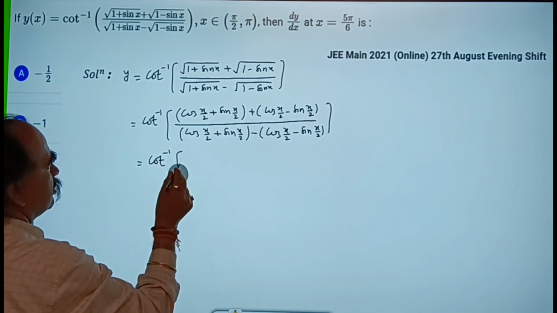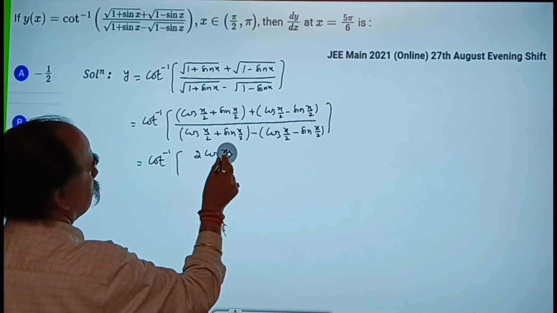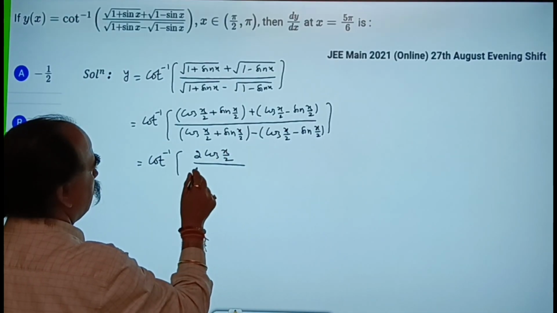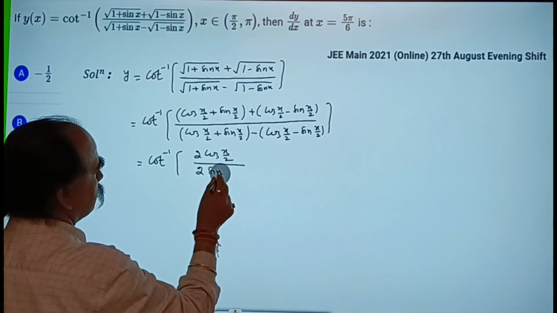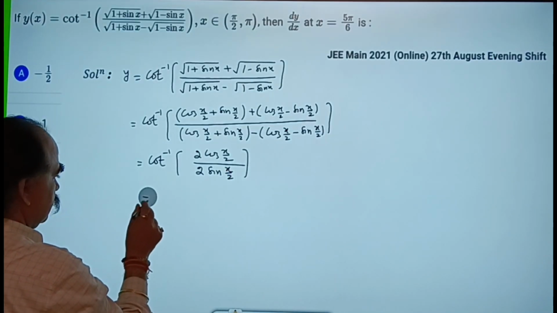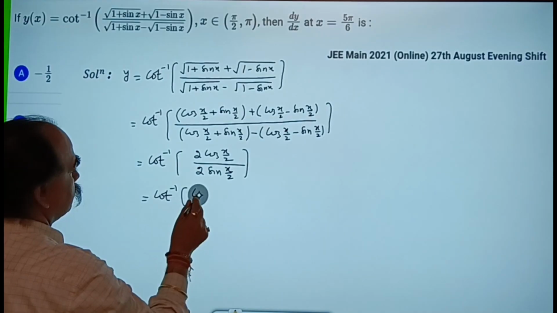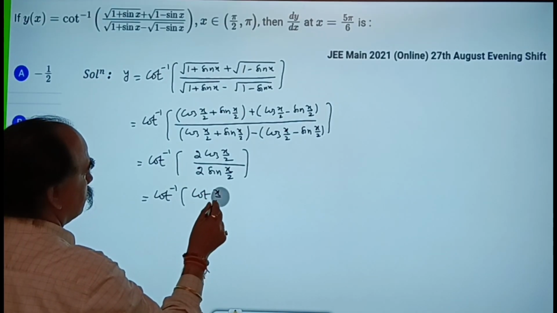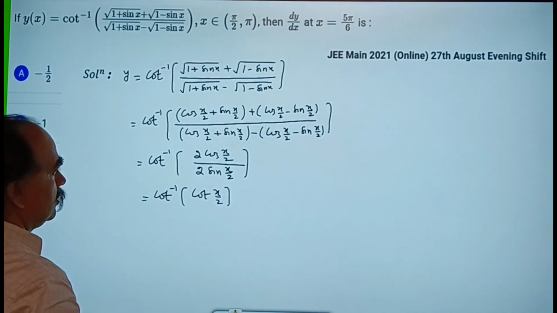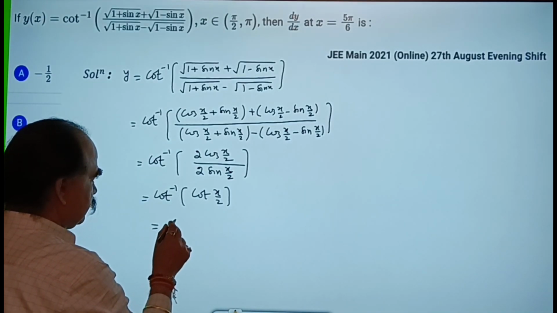Cot inverse of 2 cos x by 2 upon 2 sin x by 2 will give you cot inverse cot x by 2.